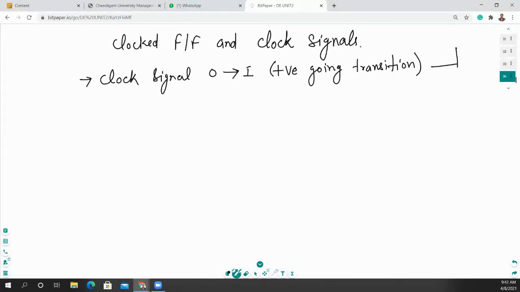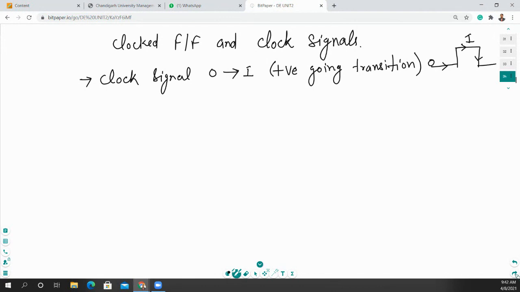Here is your signal. We have seen this input signal is provided to the SR flip flop. Initially it is at 0 position, and this signal is going from 0 to 1. So we can call it a positive going transition.